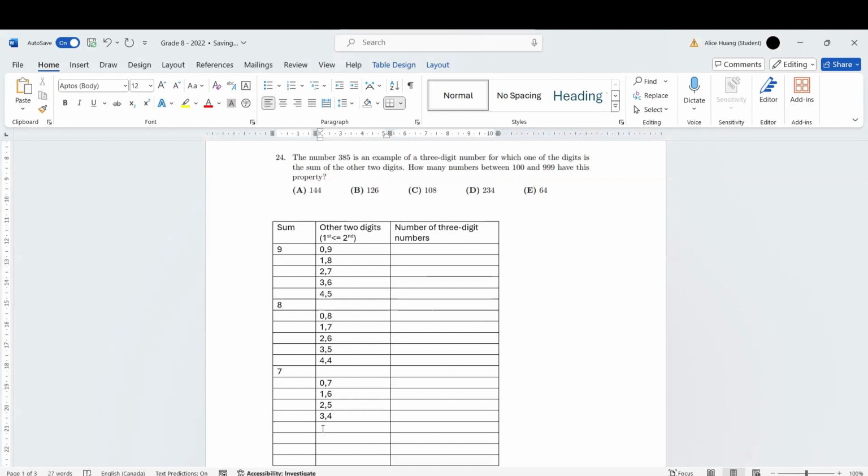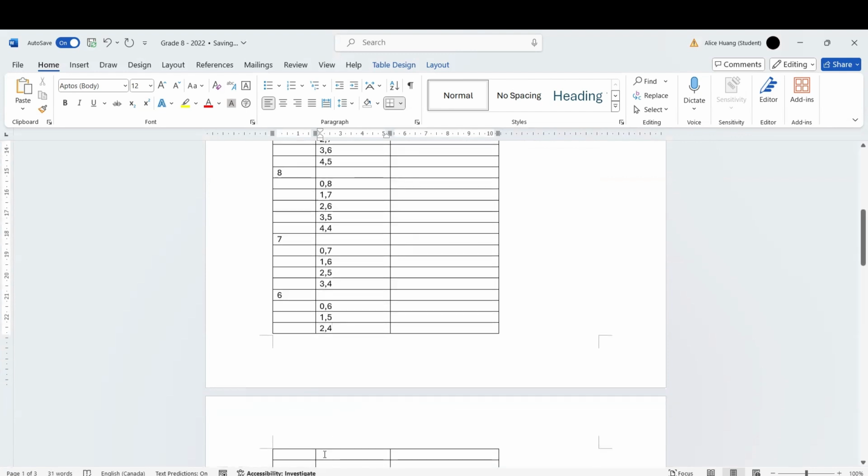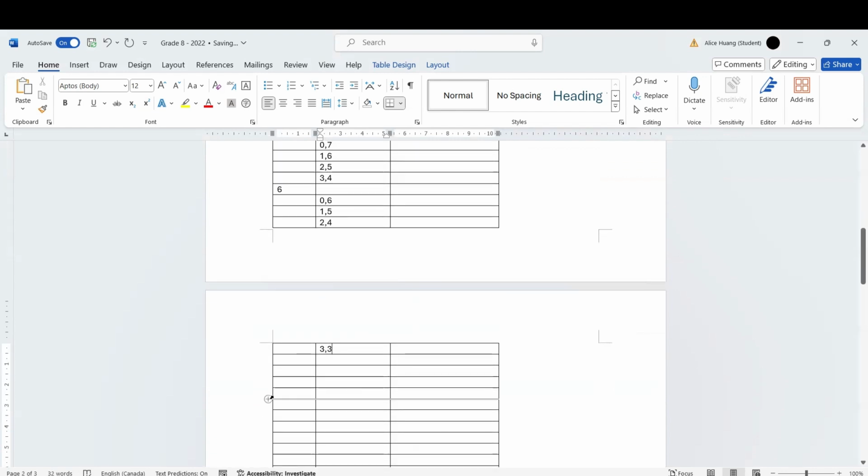So 4 is the first digit, the second digit will be 3, so there's no more. Then we move on to 6: 0 and 6, 1 and 5, 2 and 4, 3 and 3.